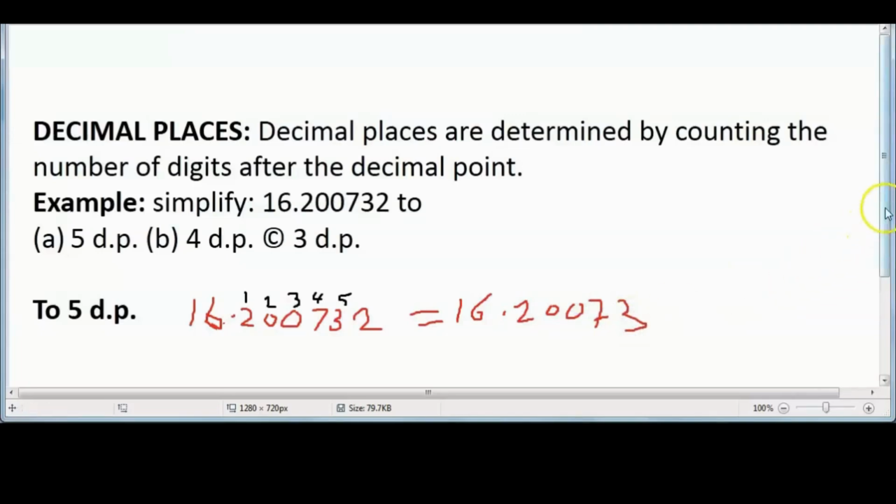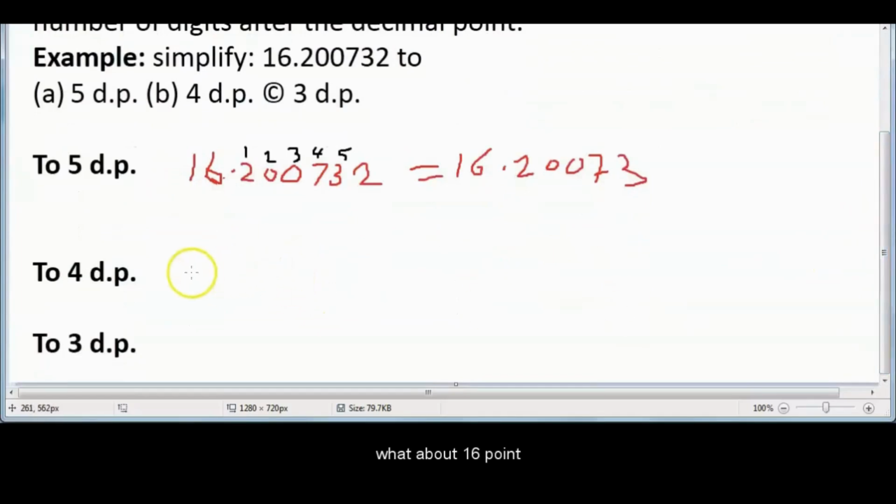Okay, what about 16.200732 to 4 decimal places? First, let me copy it down here. So I'm going to count 4 places after the decimal point, starting from here: 1, 2, 3, 4.